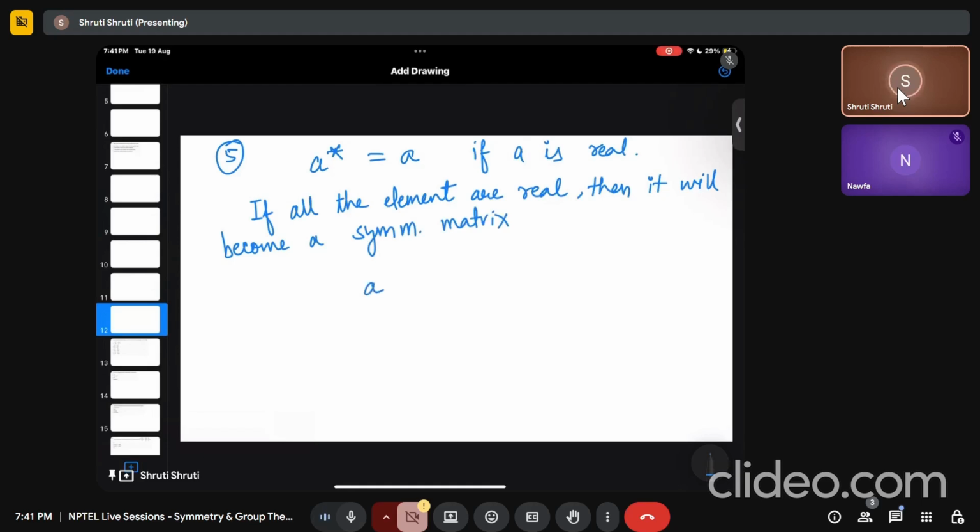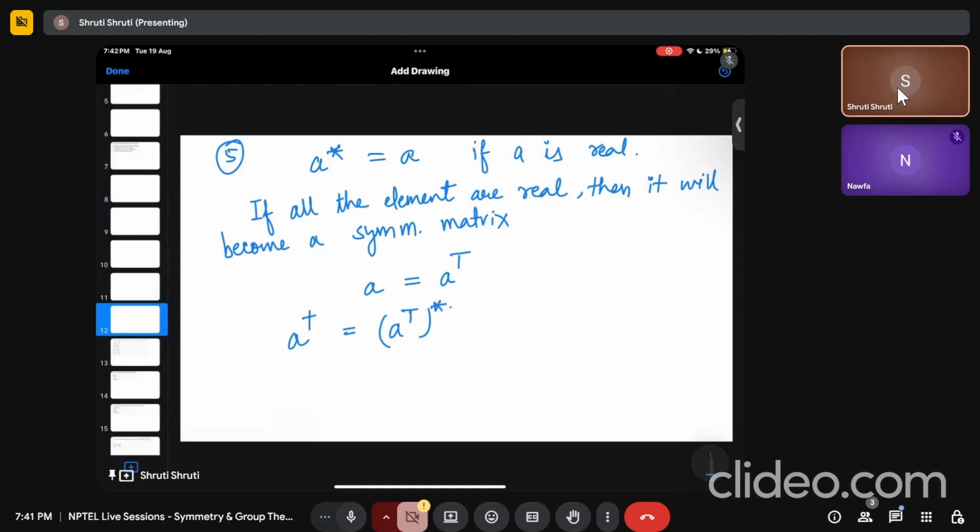A symmetric matrix is what? A is equal to A transpose, right? And Hermitian is, A dagger is A transpose conjugate.